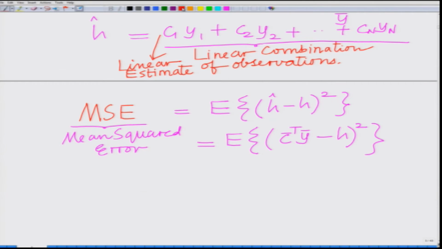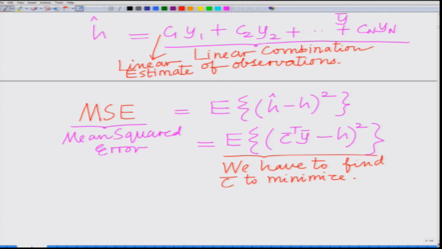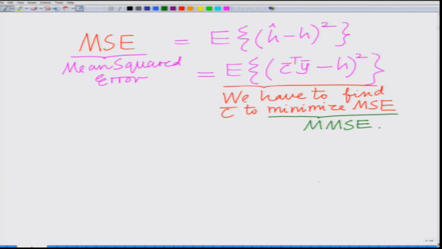So, we have to find C bar to minimize MSE. This becomes your MMSE, the minimum mean squared error, and this is also linear in the observation vector y bar, therefore this is also the LMMSE estimator.